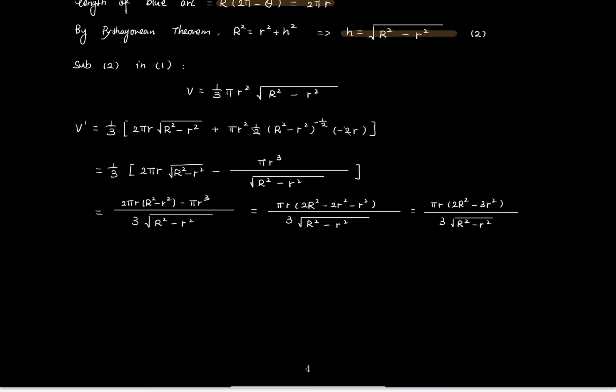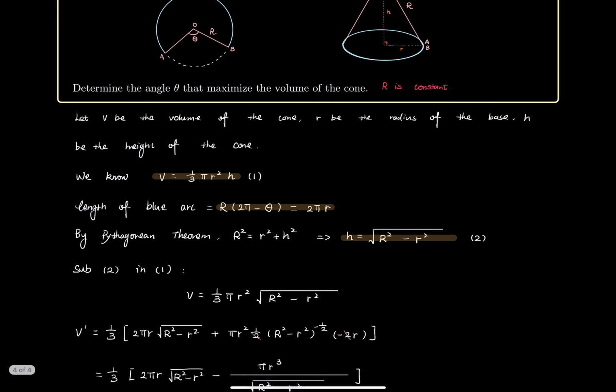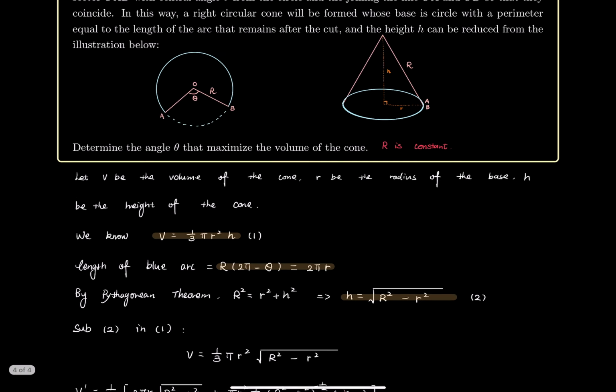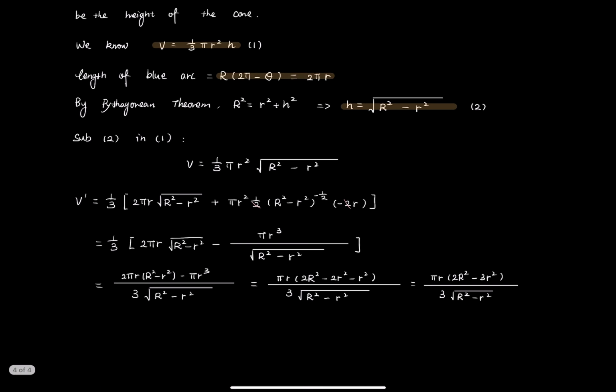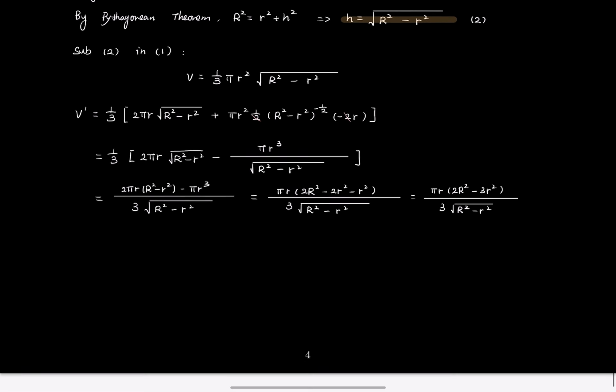Okay, so this, well, we know that this cannot be 0, of course, right? It doesn't make sense to be 0 here. Because if this is 0, then this equals to this, which is impossible when you have a right triangle here. So this is not 0, so v prime exists within its domain, and also the top.